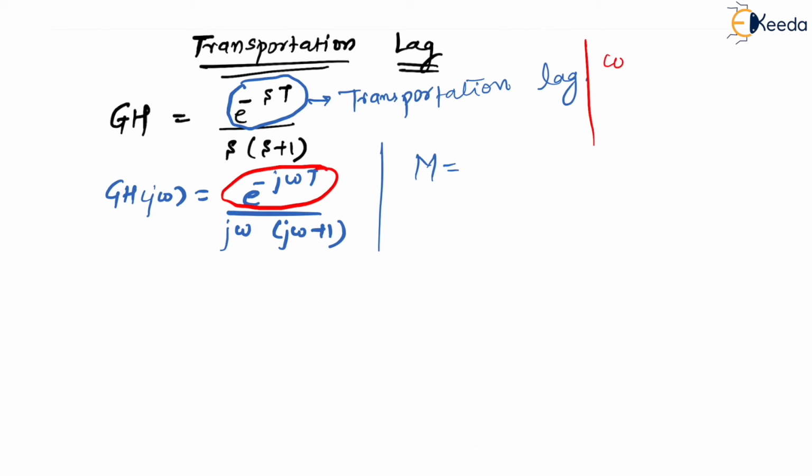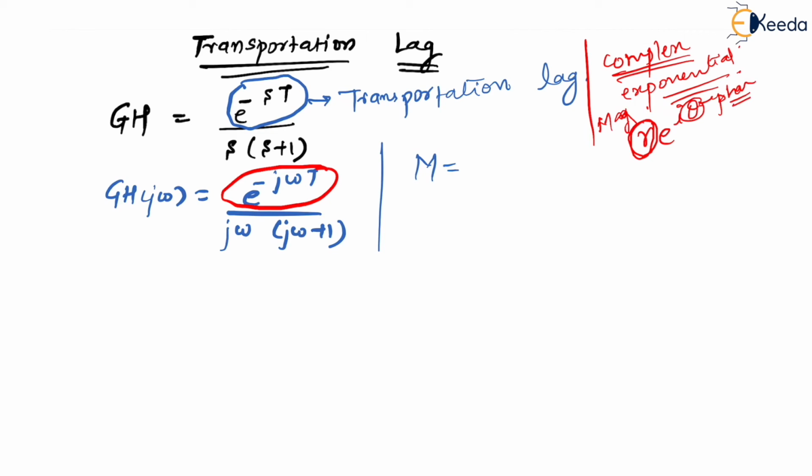If you remember, in complex numbers we have something called the exponential form, wherein we write things as r into e to the power j theta. Here r is the magnitude, whereas theta is the phase. So the magnitude of e to the power minus j omega T is 1 for the numerator.